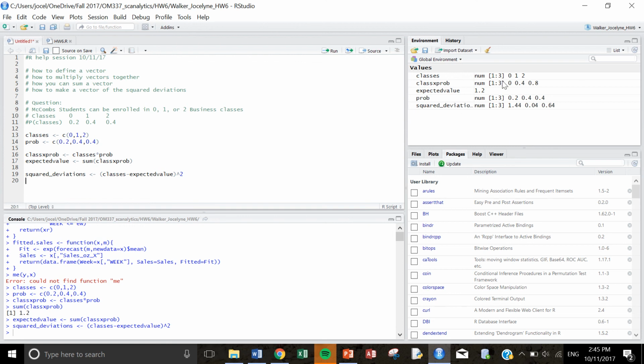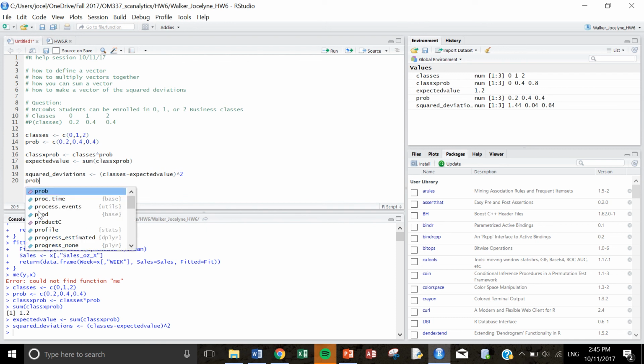So 0 minus the expected value of 1.2, squared, is 1.44. 1 minus 1.2 squared is 0.04, and 2 minus 1.2 squared is 0.64. So what we did is just made a vector of the squared deviations. In order to make the standard deviation now, I have to multiply squared deviations times my probabilities.